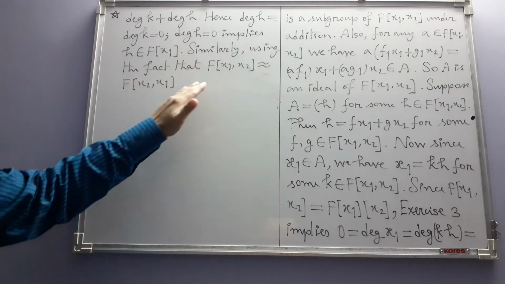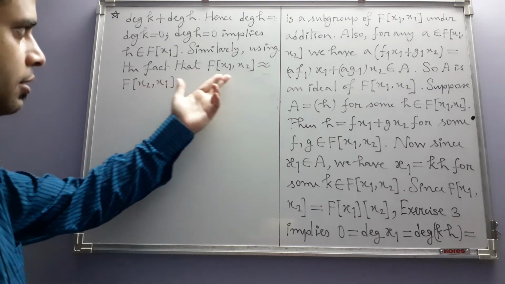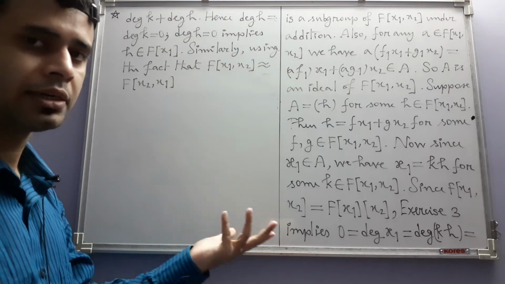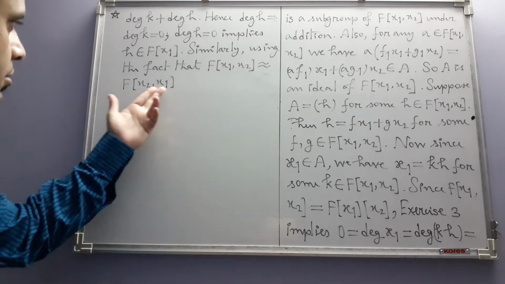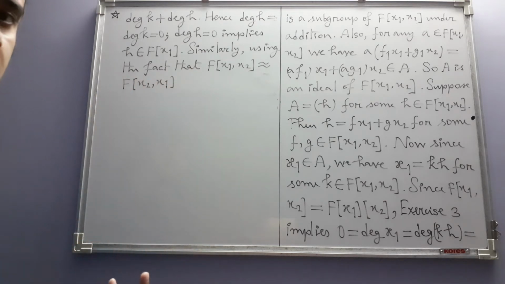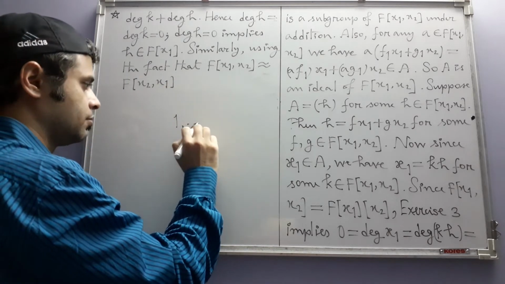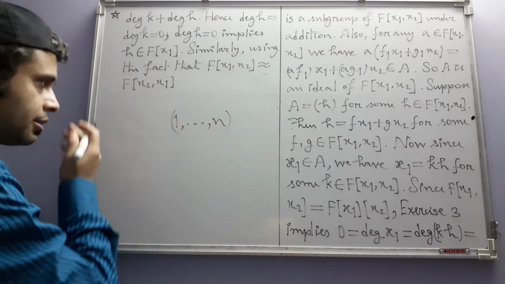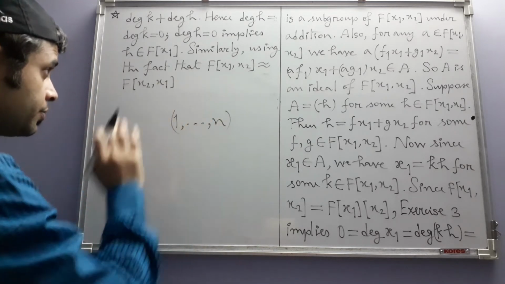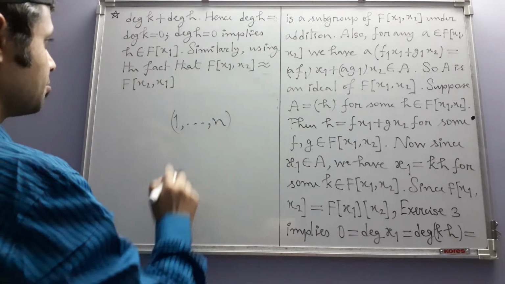You know what I am talking about. We came across this, the exercise which says that if we are in a multivariate polynomial ring, then we can rearrange the indeterminates in any order we want according to whatever permutation of this vector we may choose. That one. We can refer to that exercise, but I don't remember the number of the exercise exactly. So I am just simply writing.